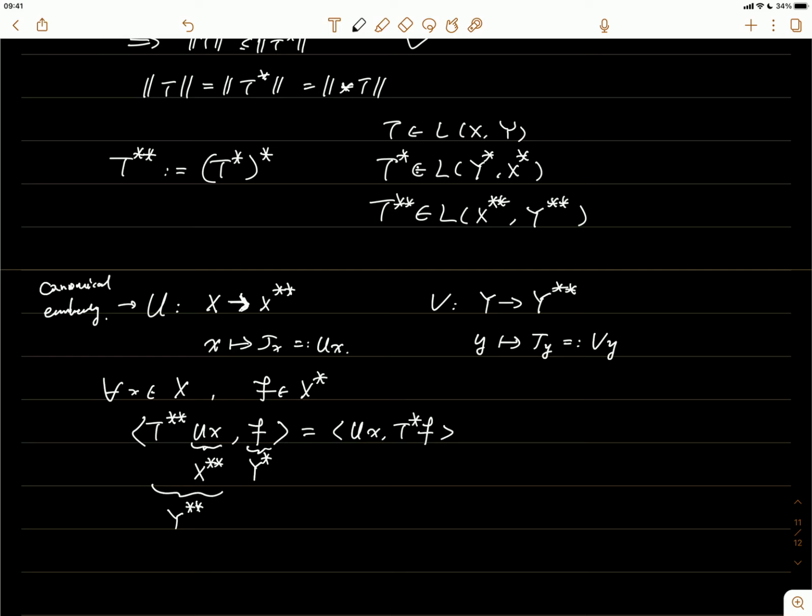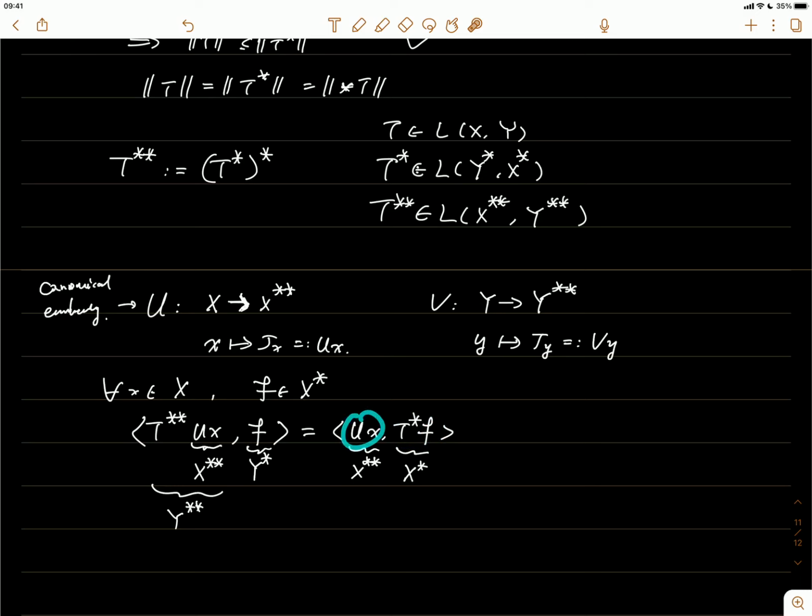Remember that this U_x is in X double star, and T star f is in X star, because T star maps something from Y star to X star. The f is in Y star, so after the mapping this is in X star.